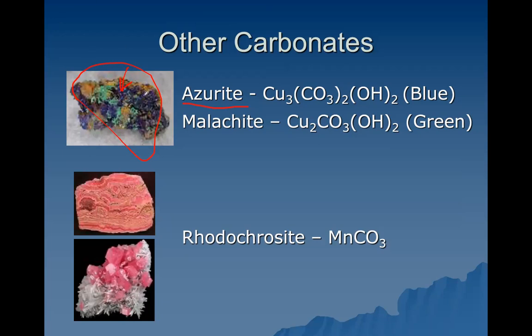And mostly this azurite mineral is associated with greenish varieties also. So what are these greenish varieties? Why do they become green? What do you think? Guess. Copper? Yeah, copper.